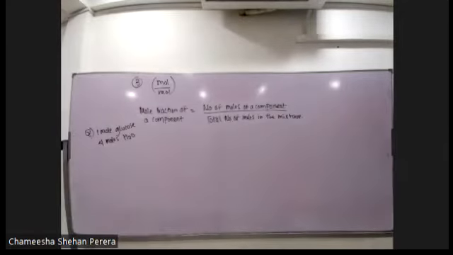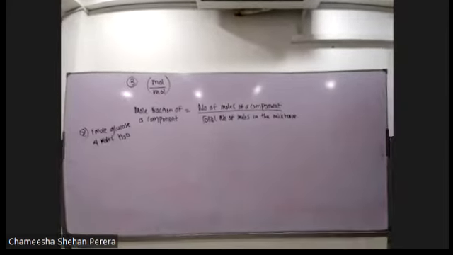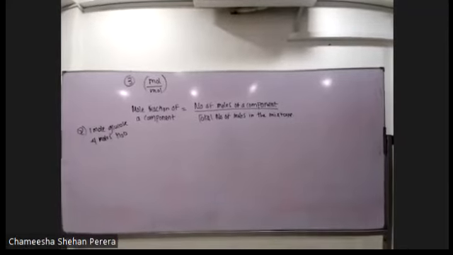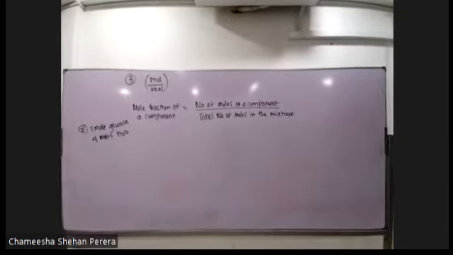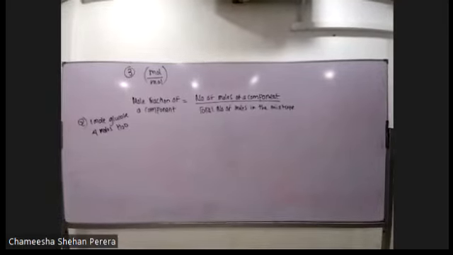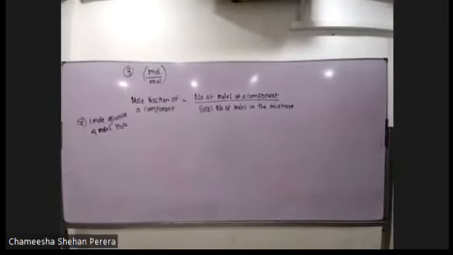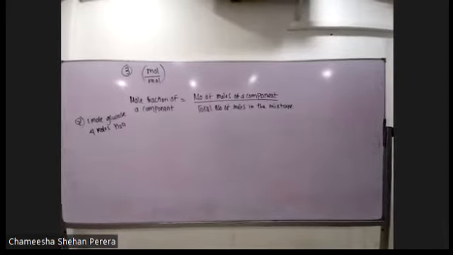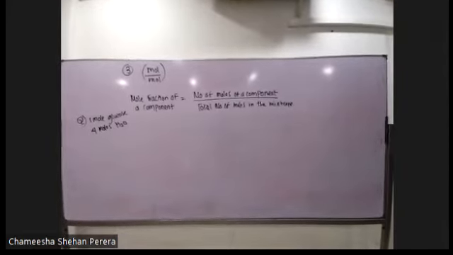Could you repeat the question again? Okay. 1 mole of glucose is dissolved in 4 moles of water to make a glucose solution.